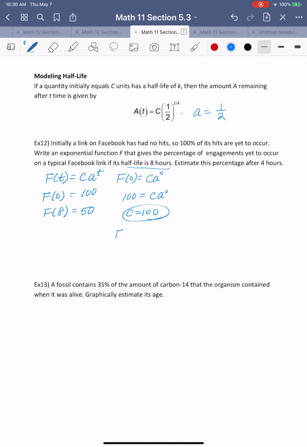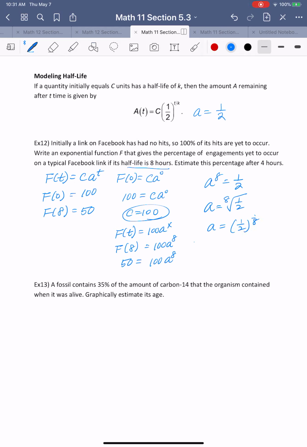Now plug it into the function: c is 100, times a to the t. Now I'm using t as 8, so 100 times a to the 8th power. f of 8 is 50 because of the half-life, so a to the 8 is going to be 1 over 2. And then a is the 8th root of 1 over 2, and I can just leave it as 1/2 to the 1/8 power.